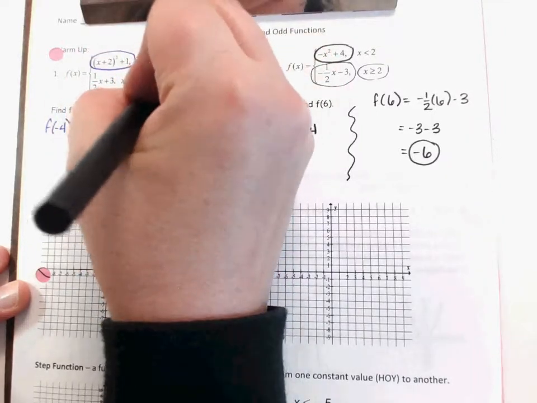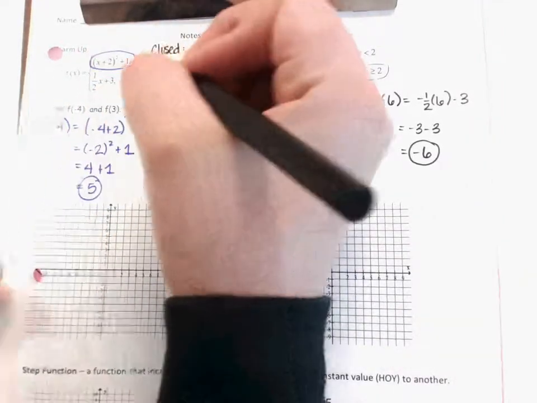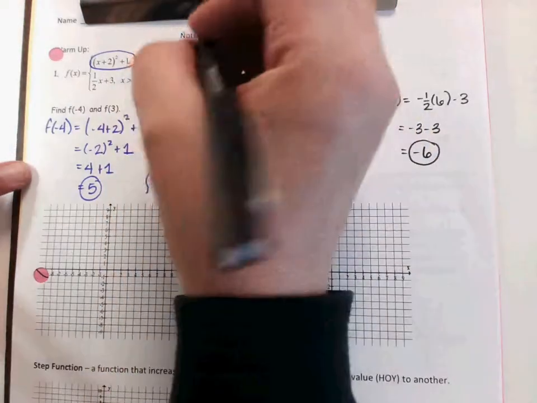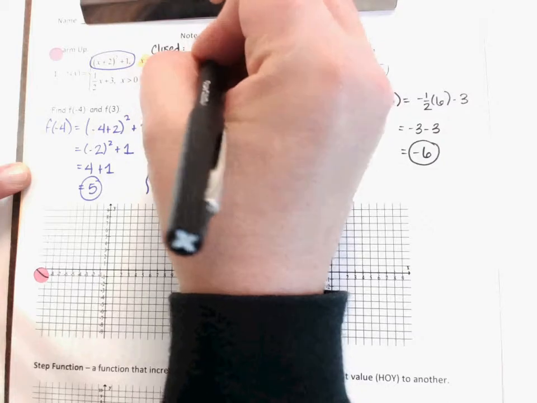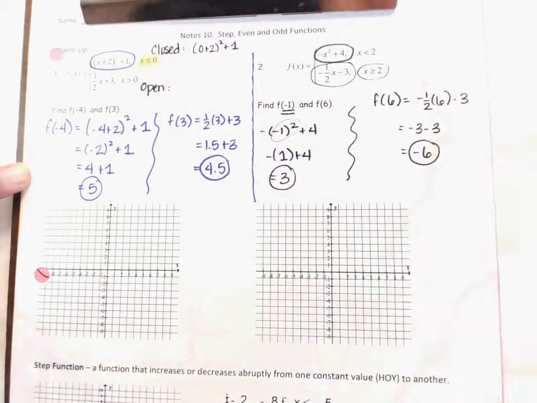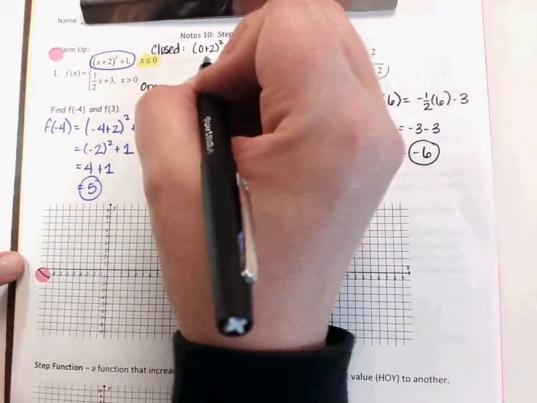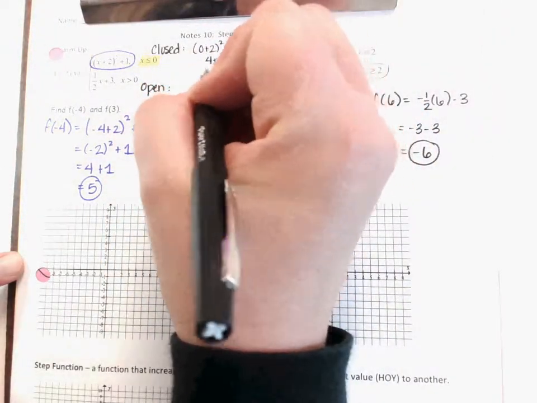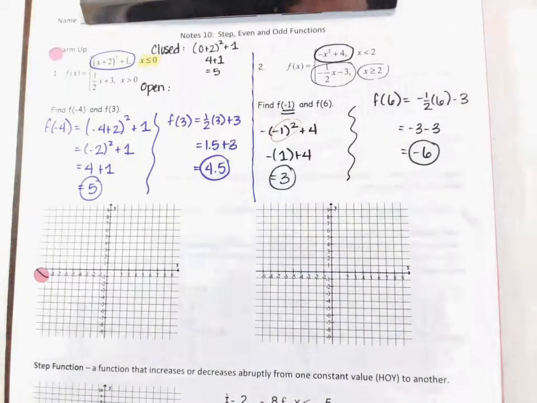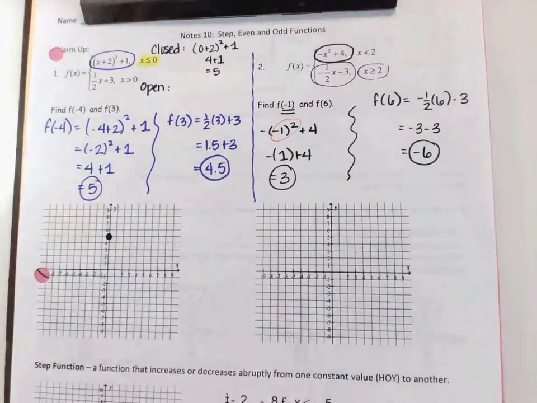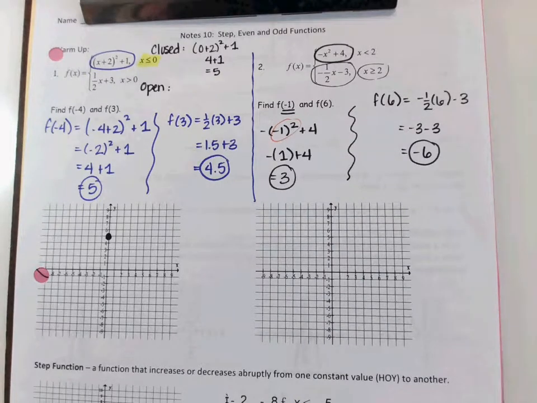Y'all remember doing this? The first one's quadratic. I'm plugging in the number 0. So I'd have 0 plus 2 squared plus 1. 0 plus 2 is 2. What's 2 squared? 4 plus 1 is 5. So I'm going to go to 0, 5, and put a closed circle on my graph. Then remember, my top equation is the shape of the top function.